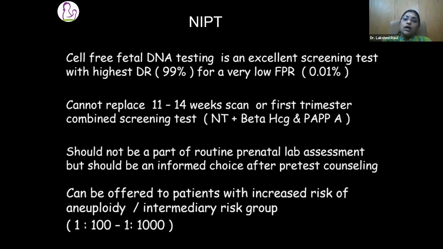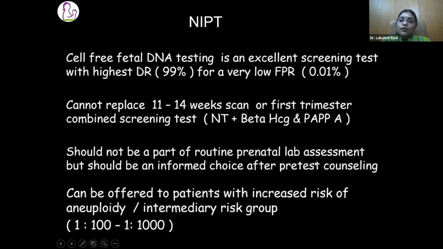We survey the fetus, because you can very well go and do an NIPT for anencephaly. So you just can't move away from the 11 to 14 week scan, because that is now becoming a very, very important scan in antenatal care.